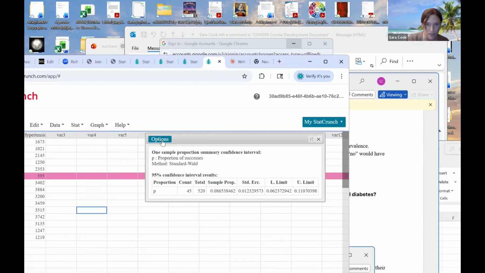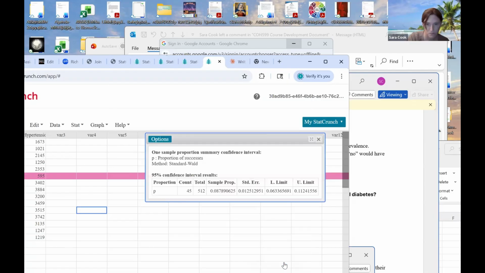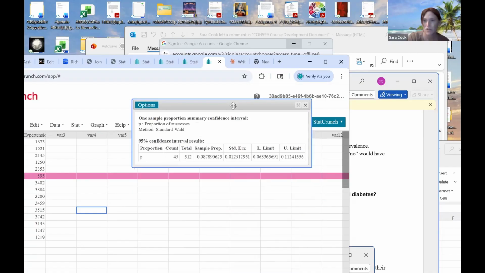I can go right into edit mode. Instead of 520, I'm going to say 512. We're just going to exclude the don't knows. And you can see just by observation, 8.7%, confidence interval 6.3 to 11.2. Pretty close. Especially with our confidence interval, we're already saying that the true population proportion is somewhere in this range.